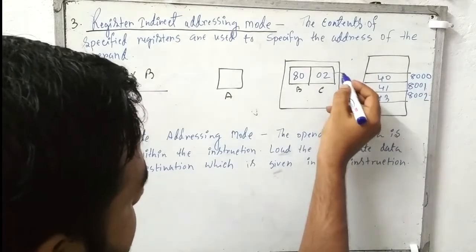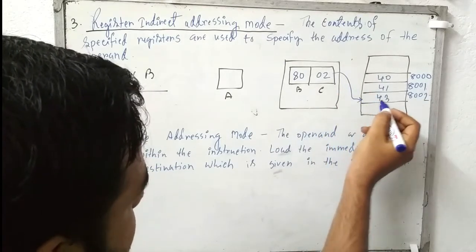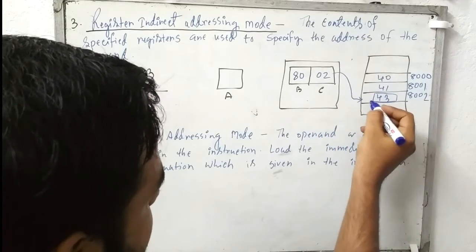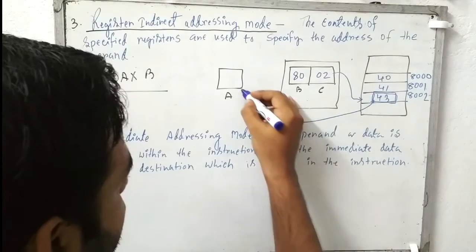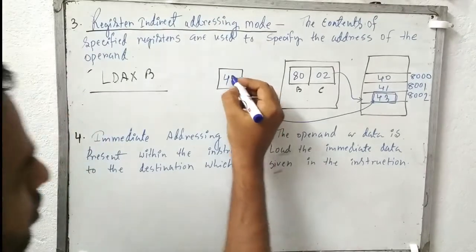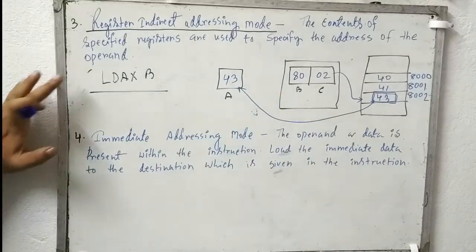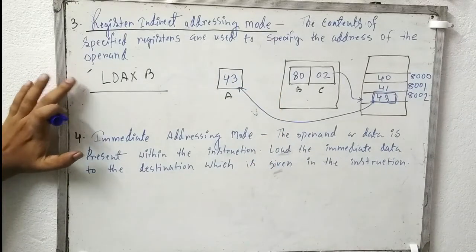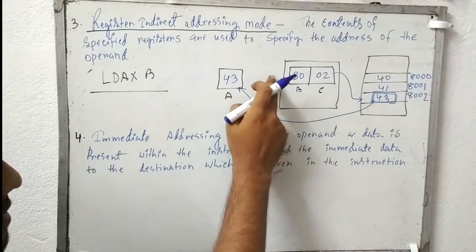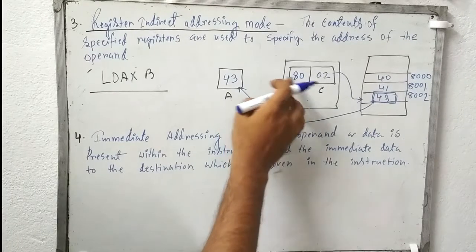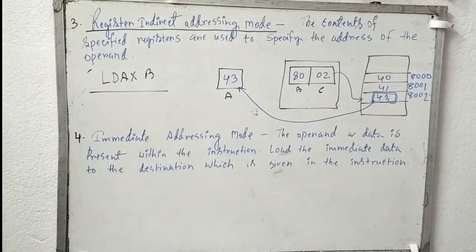It will indicate this particular address, and the data will be read from this address and stored in the accumulator. Here you can see the address location is indirectly given in the BC register pair. That's why it is called indirect addressing mode.